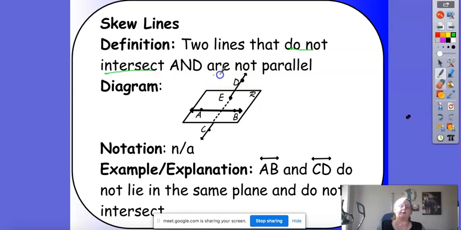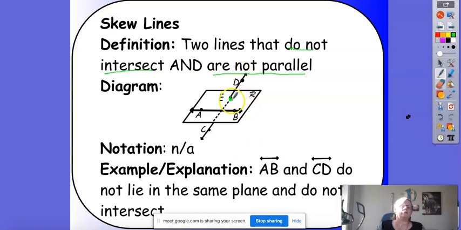They are not parallel. So in this diagram, these two lines do not intersect because you see the dots there. That means that pencil right there, when I'm doing the line, went through the paper right here, went through the paper and came out on the other side. So they're not actually touching because this is like a pencil going through the paper.